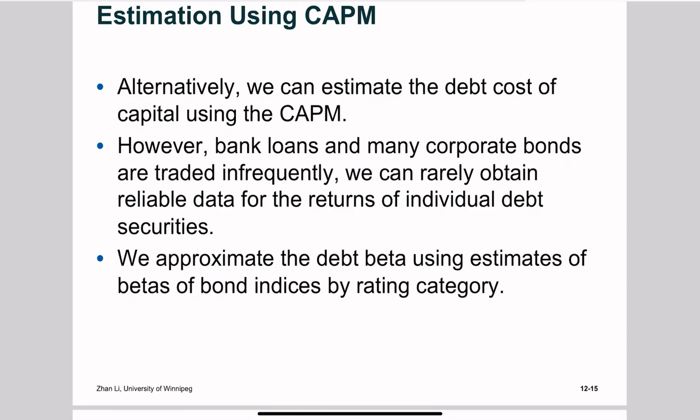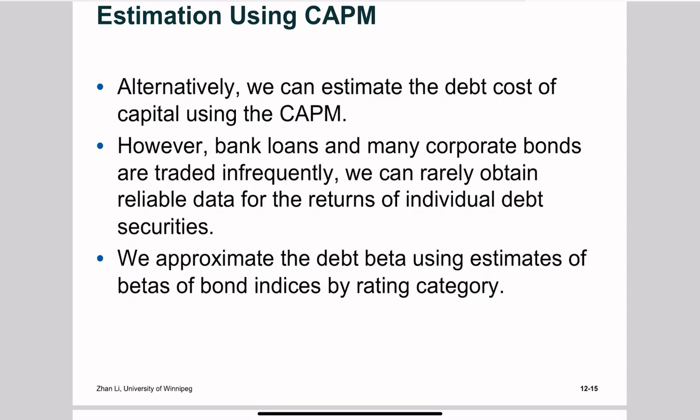But you cannot do this with debt, because bank loans and many firms' debt, their corporate bonds, are traded very infrequently, which means we cannot get reliable data for the returns of individual debt, right?